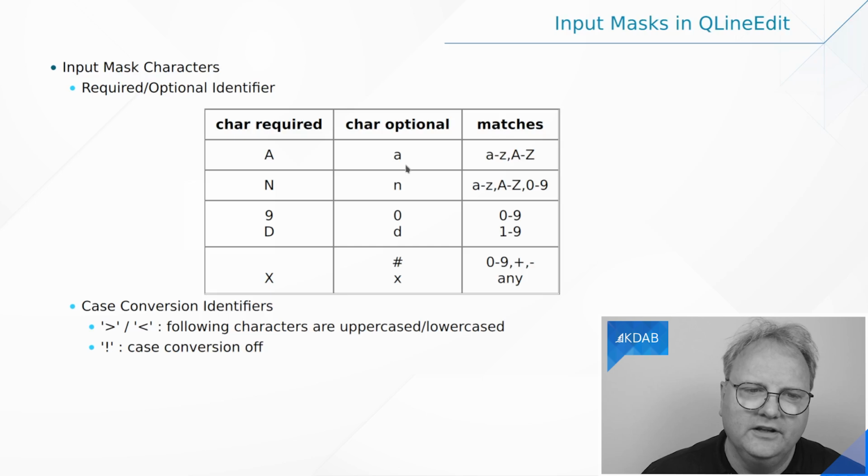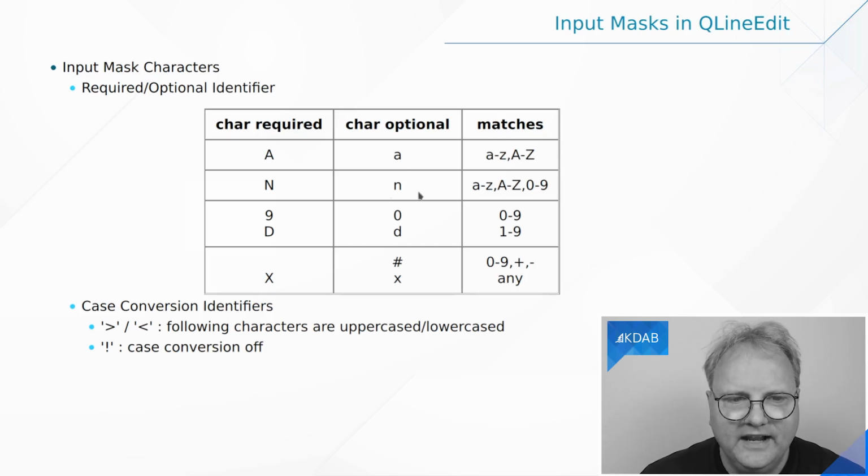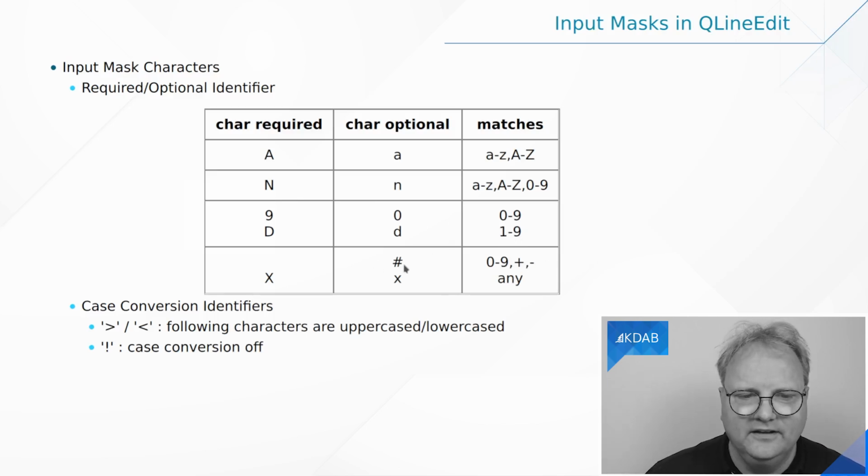If it's optional, then it should be lowercase a. If it's a number or a character, then N. If it's just a number, then 9 or 0. And if it's a number from 1 to 9, so not 0, then 1 to 9. And if it's a number and a plus sign or a minus sign, then hash mark. And anything that goes is an X or an X.